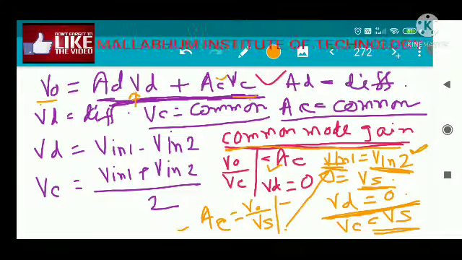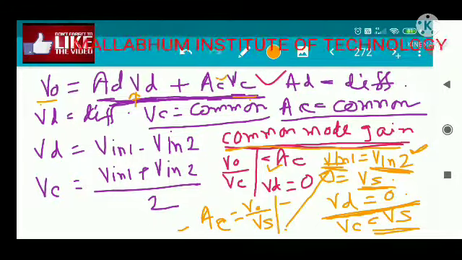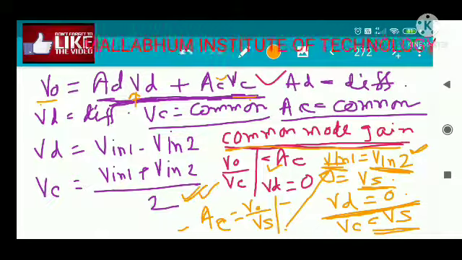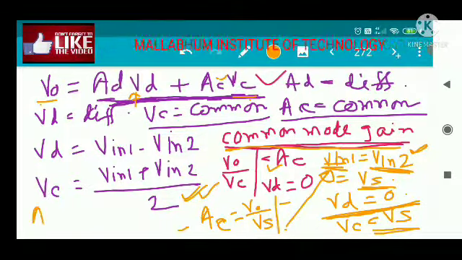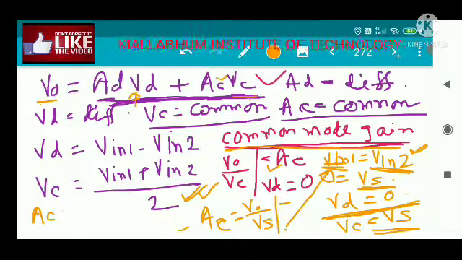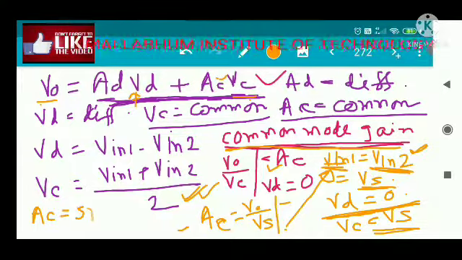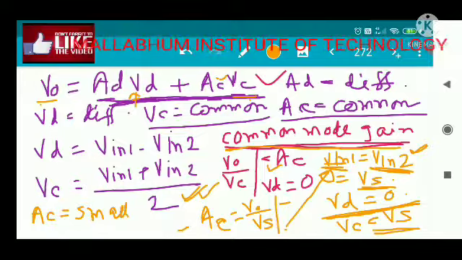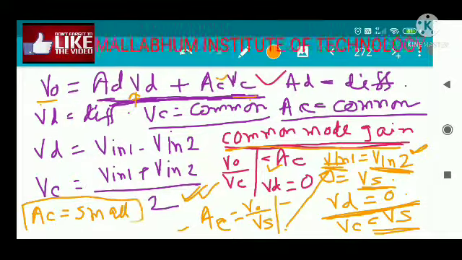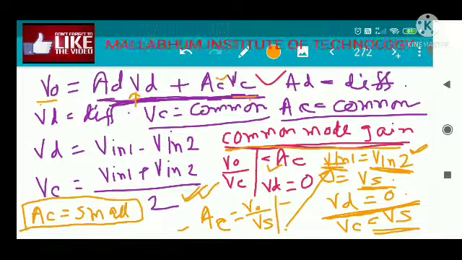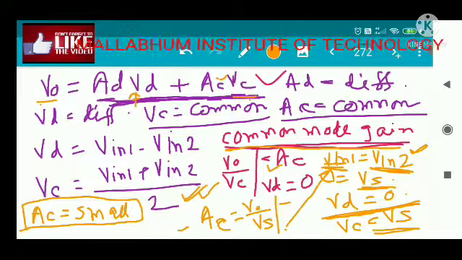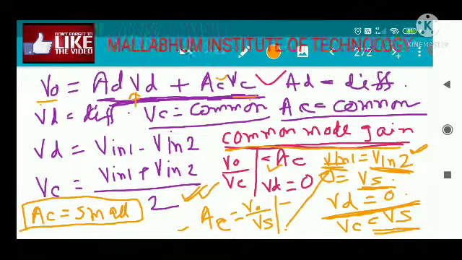This is the way we calculate the common mode gain, because our aim is that we don't want the common mode signal to be amplified. We want the common mode gain to be as small as possible, so that our amplifier is a good differential amplifier. If the noise signal is amplified at the output, our differential amplifier performance will be degraded.